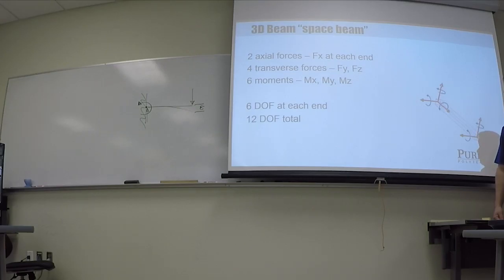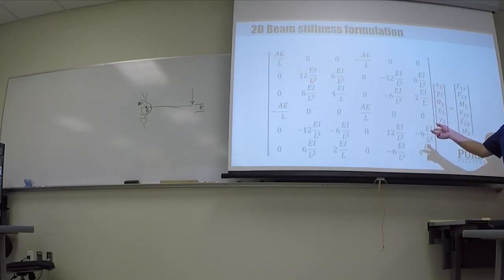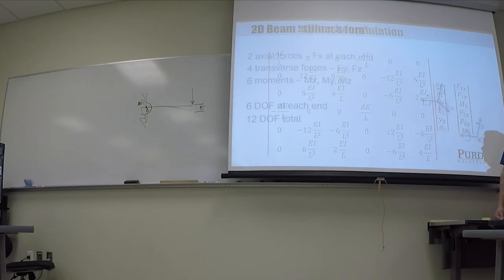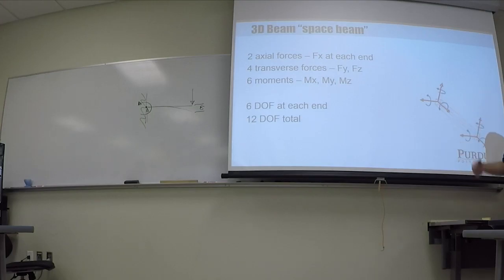Now, I'm not asking you to memorize these stiffness matrices, but I want you to have some concept of what they look like. And that's why I've put them in here on the slides. I will expect you to have memorized how many degrees of freedom a space beam has, and what they are. So you need to understand those differences. Know what a beam is, or what a bar is.